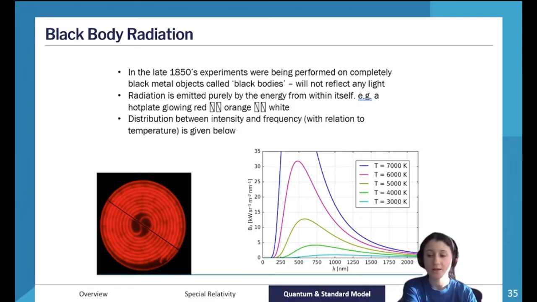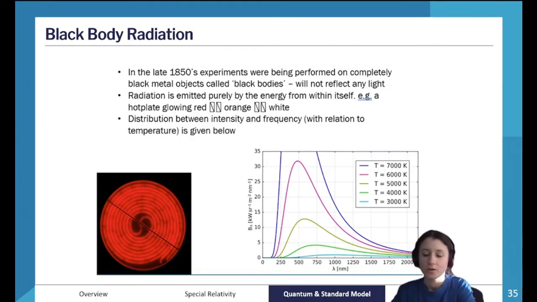We don't actually have any perfect black bodies. Alright, so none of our black bodies would actually be perfect, because a lot of them, or all of them actually, would still reflect some of the light and not absorb all of it. But we have some that are pretty close.